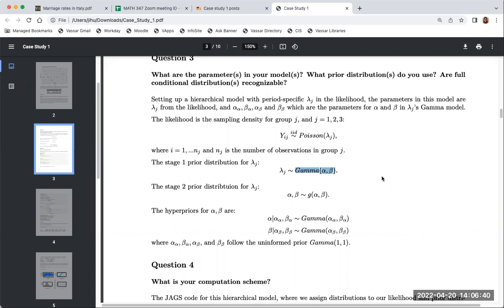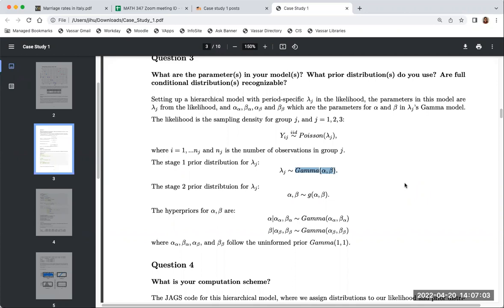And if you're taking gamma 1 1, most of your draws for lambda would be around 0 to 3. So you would be drawing your underlying rate parameter from a distribution that would be ensuring that all of the data would be outliers.